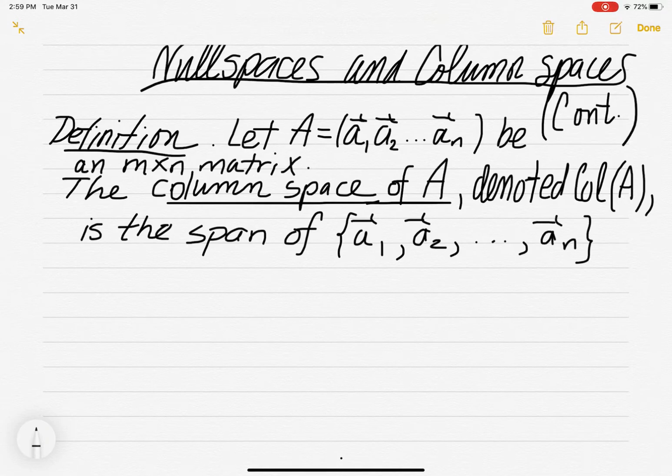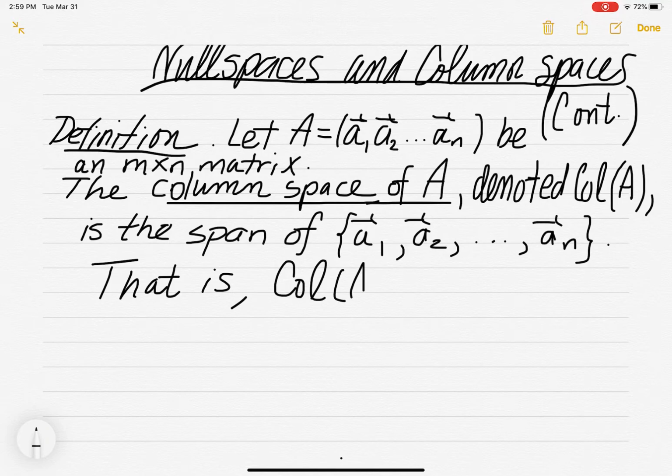Right, those columns are just vectors. So in other words, col of A is defined to be equal to the span of the set containing the vectors A1 through AN.